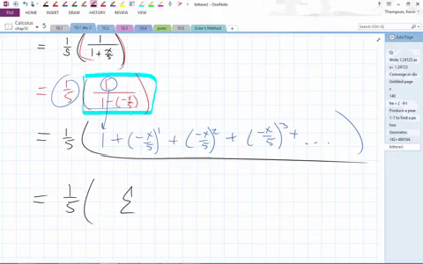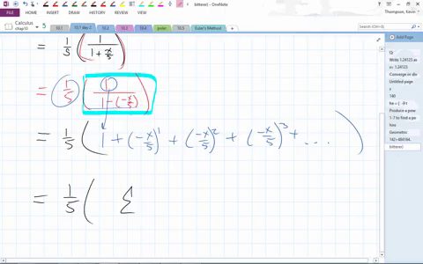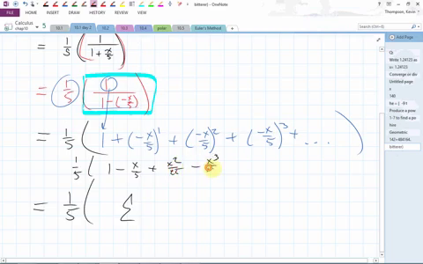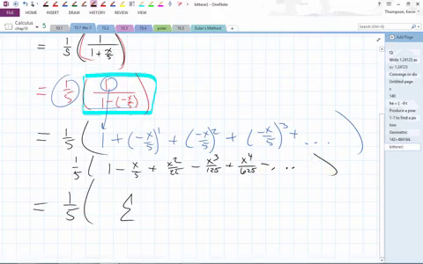You could do this in multiple steps. The way that I wrote this is probably the easiest way to see it. But if you had written down this intermediate step, 1/5 times 1 minus x over 5 plus x squared over 25 minus x cubed over 125 plus x to the 4th over 625 minus dot, dot, dot, it becomes a little more obscured what's happening.